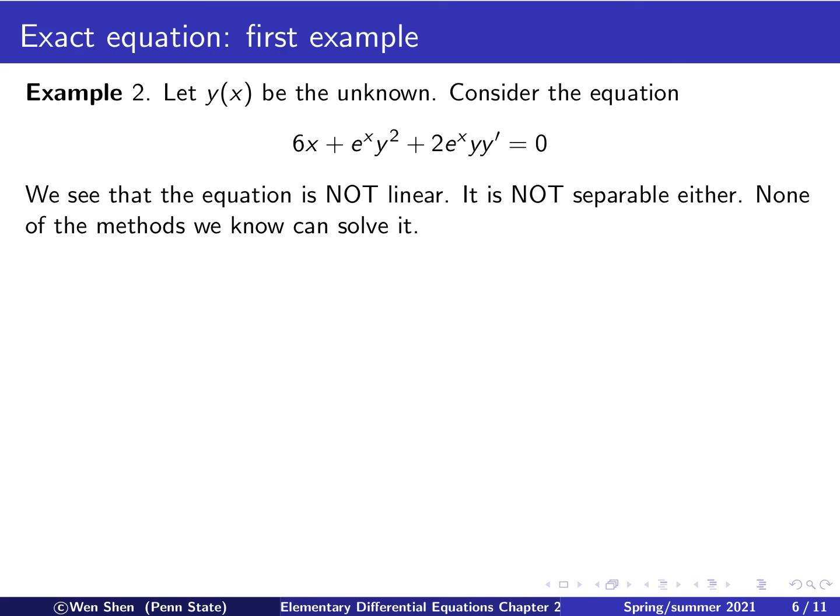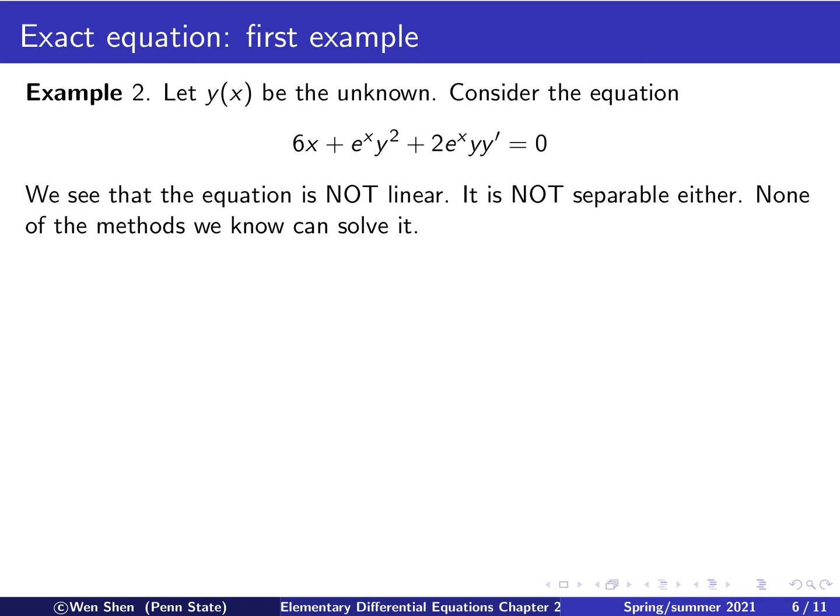Okay, so now let's begin talking about exact equations. Let's take an example. Let's say y as a function of x is the unknown, and we have this equation: 6x plus e to the x y squared plus 2e to the x y' equals 0.